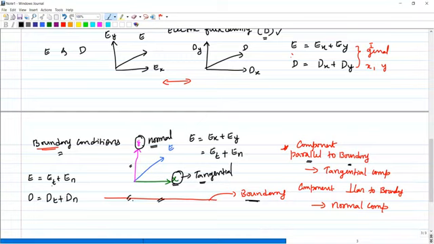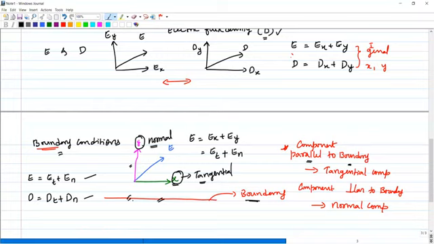Okay. So now we have to derive the conditions for the normal components as well as the tangential components of electric field intensity as well as electric flux density. See, students, so far I have not derived anything. I am just giving the introduction part and the required things for obtaining the boundary conditions.